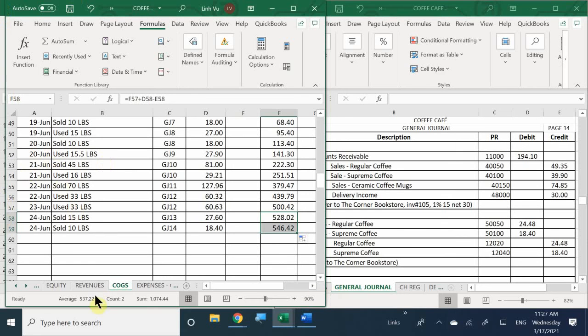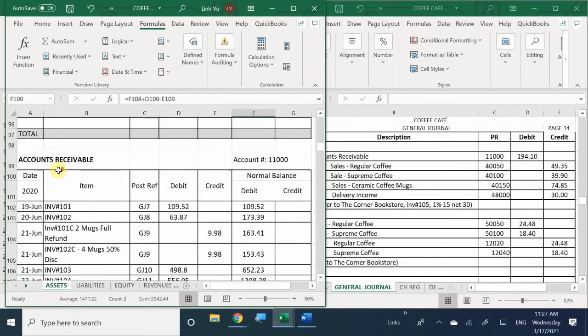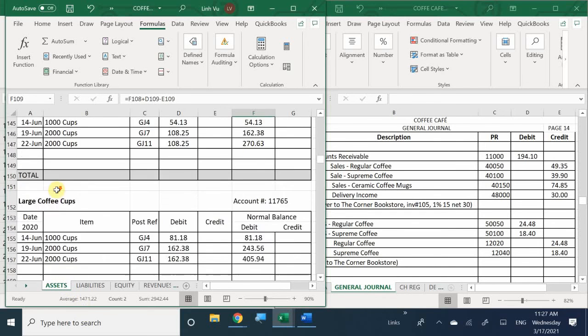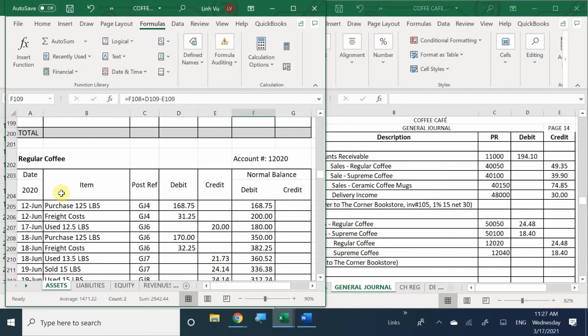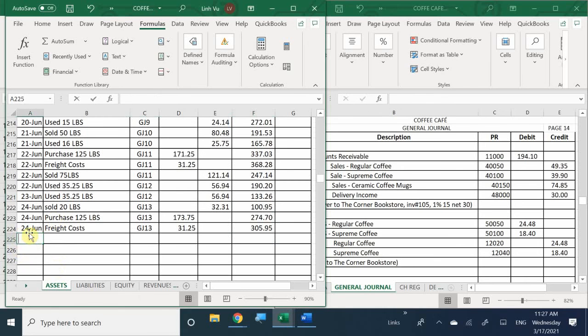Last but not least, we're going to update our inventory for our Supreme coffee and our regular coffee. So here we are. Regular coffee. We sold 10 pounds. Oh, wait. We sold 15 pounds of the regular.